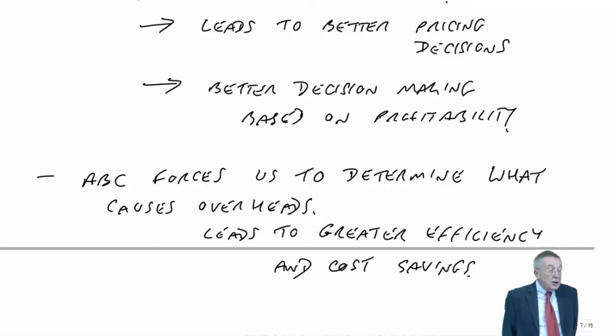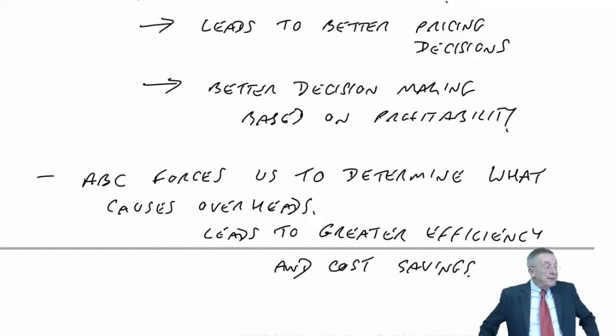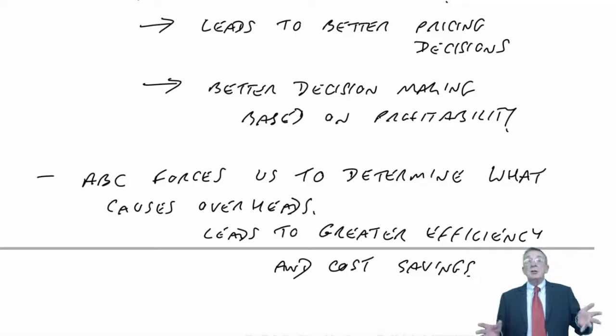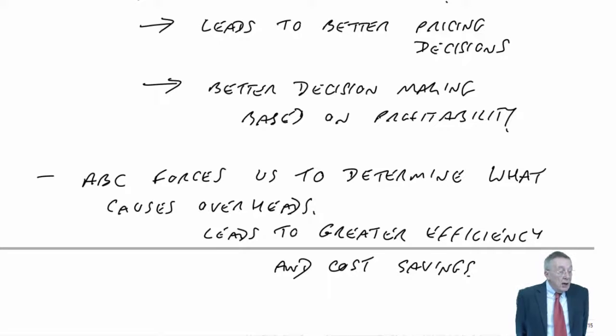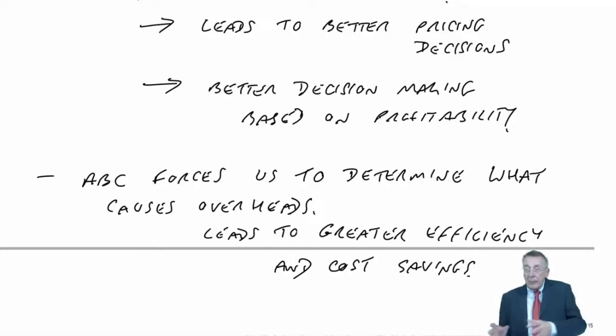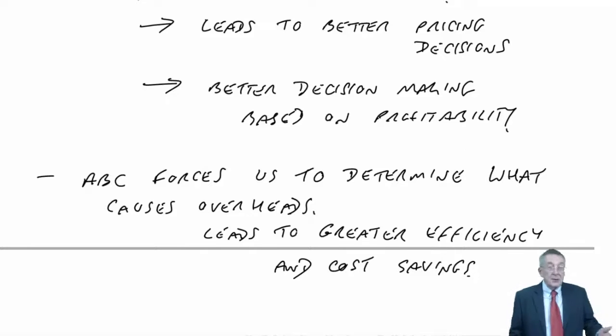You see, with traditional costing, we just took the 190,000 and we charged it. It was a sort of arithmetical exercise. And we paid no attention to why we were spending 190,000 in the first place. With activity-based, we're forced to determine where we're spending it. You know, 90,000 on setups, 30,000 on receiving, and so on.